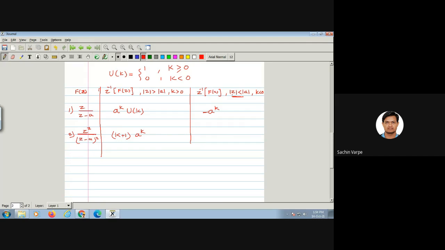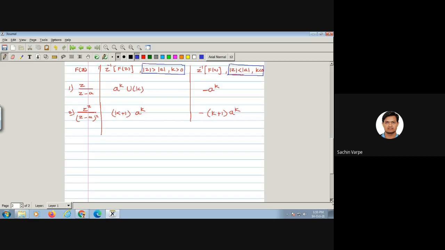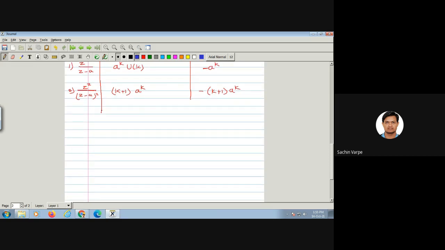And in this region, it will be minus of k plus 1 a raised to k. So there is a difference of ROCs, remember. This is the ROC, and here, this is the ROC.